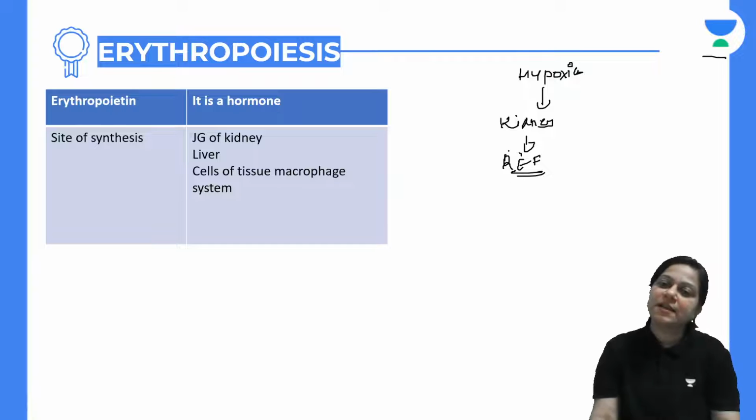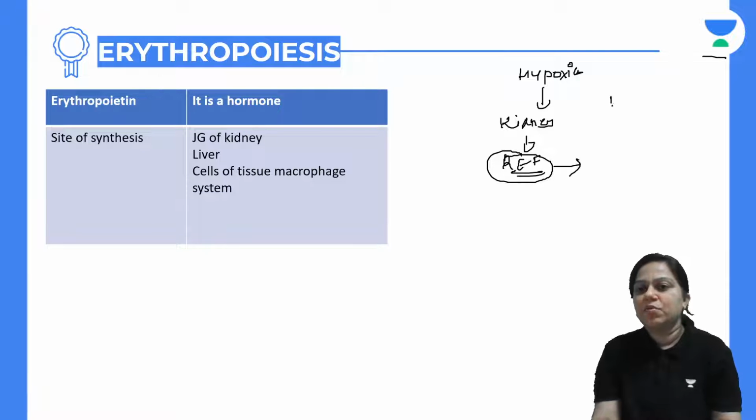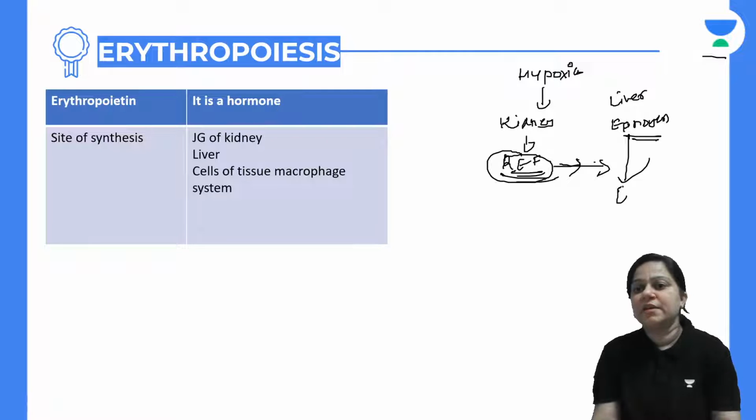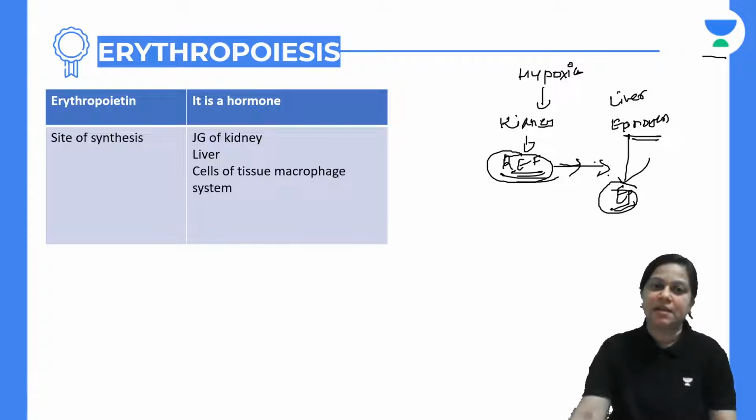Now, the liver synthesizes erythropoietinogen. The released renal erythropoietic factor will act on erythropoietinogen and convert it into erythropoietin.